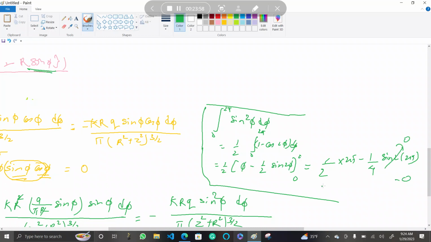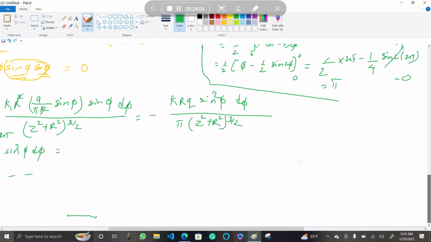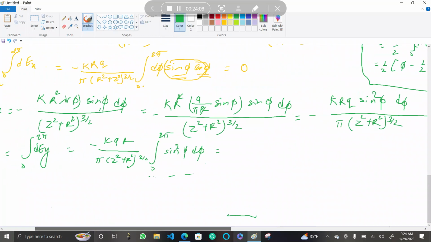This part goes to 0, which is equal to pi. So I write it here, this whole integral is pi, so minus kq pi by pi, z square plus r square to the power 3 by 2.